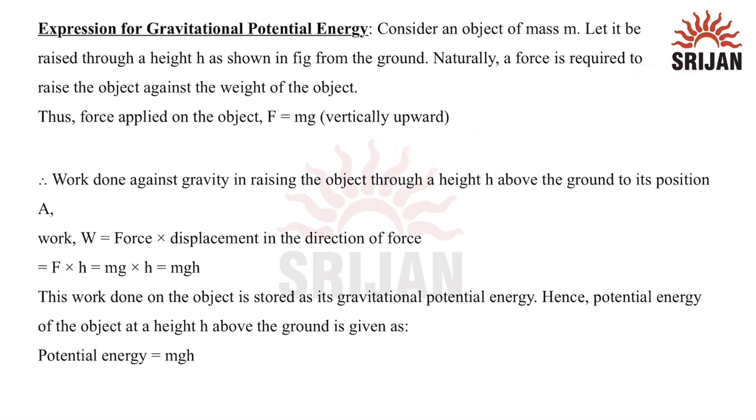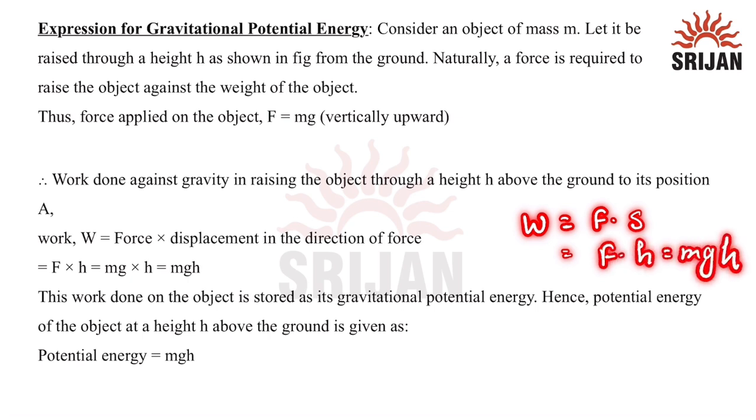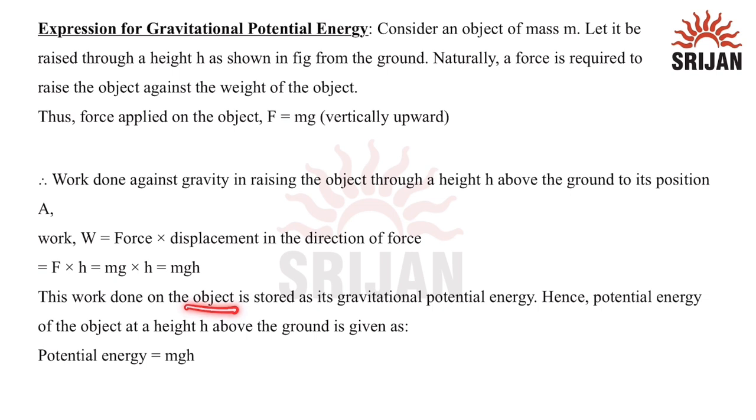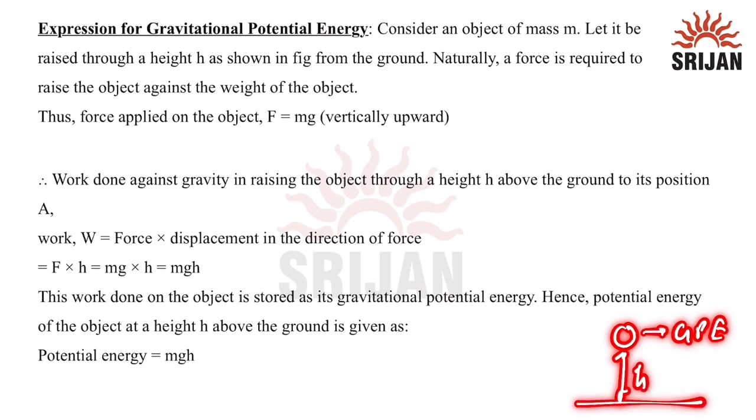Now, work done against gravity in raising the object to a height h above the ground would be equal to force into displacement in the direction of force, that is force into height, that is mgh. This work done on the object is stored in the form of gravitational potential energy at this stage, that is mgh.